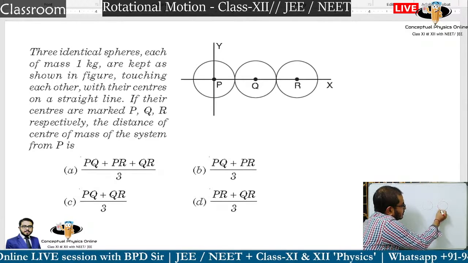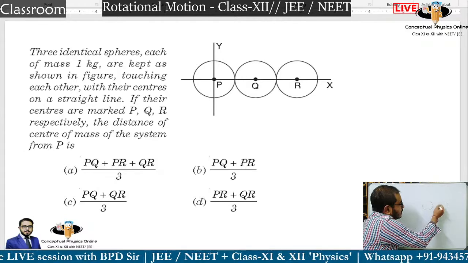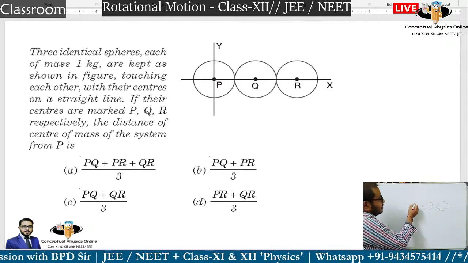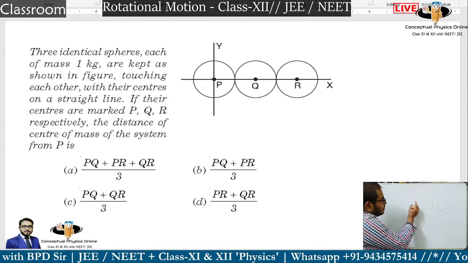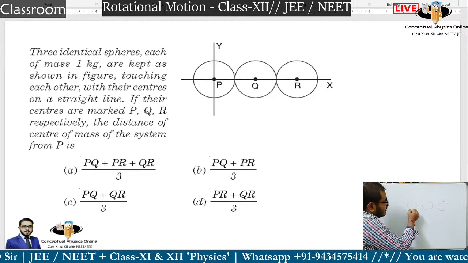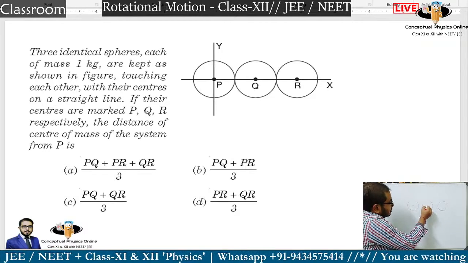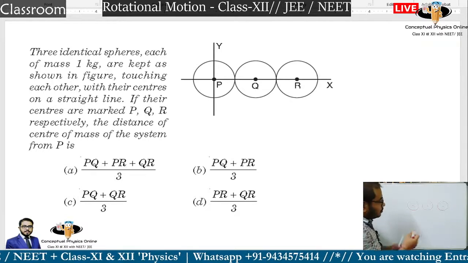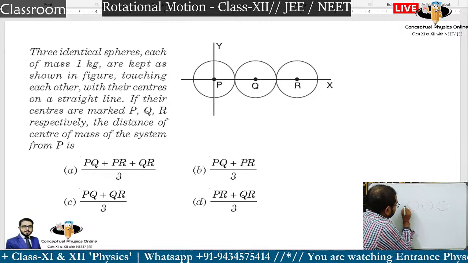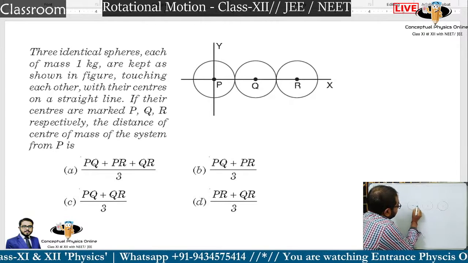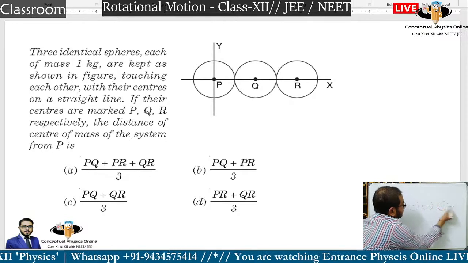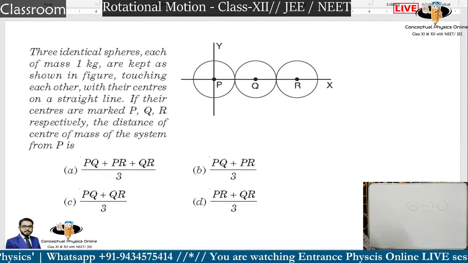Not fear, the fear of being afraid, this is sphere. So three spheres are there whose centers are aligned in a straight line like this.